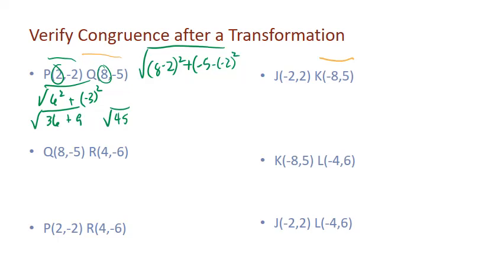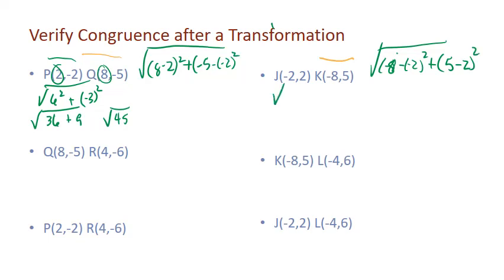Now that should be equal to what JK is. So let's go see if that's true. So I got the square root of x1, that's negative 8, minus 2 squared, plus y2 is 5, y1 is 2 squared.